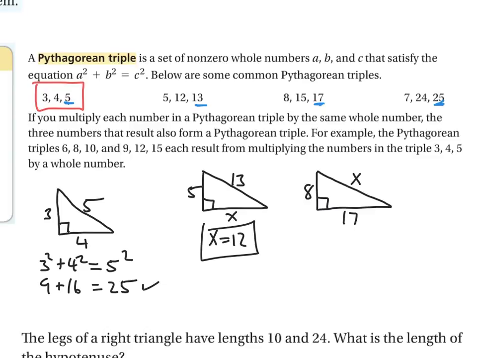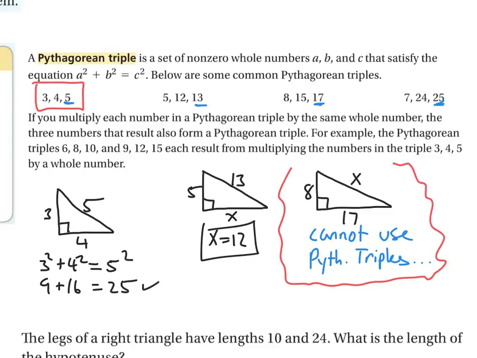Therefore, in this problem, you cannot use Pythagorean triples. I'm not saying you can't solve this problem. I'm just saying that that problem can't be solved using Pythagorean triples. Okay? In that particular problem, you would have to plug into the Pythagorean theorem and work it out.